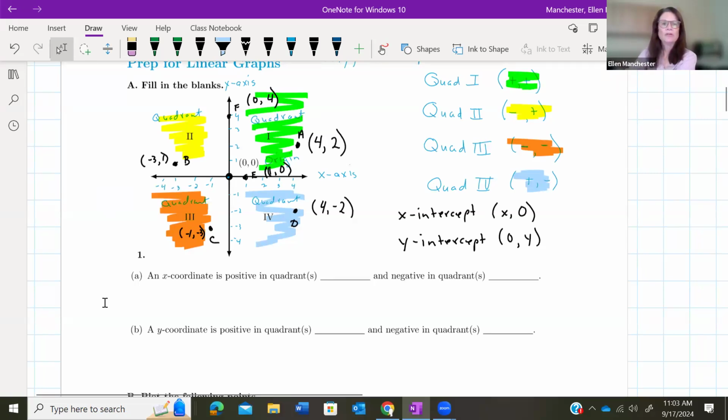All right, so an x-coordinate is positive in quadrants 1 and 4, and negative in quadrants 2 and 3. You guys are having to learn Roman numerals.